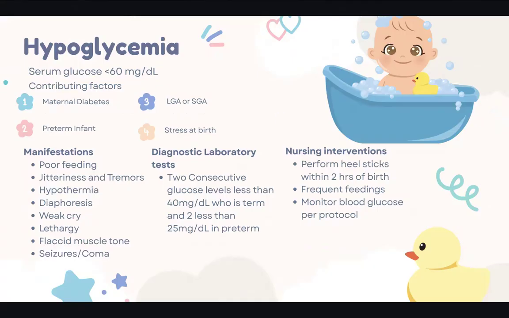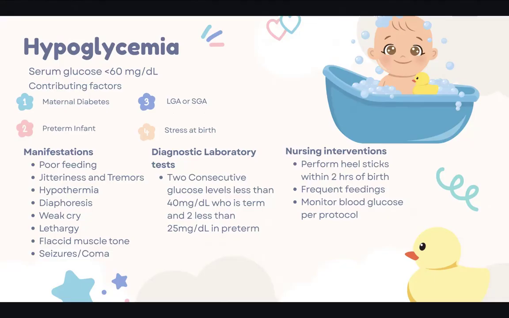Okay, hypoglycemia. So for our newborns, hypoglycemia is going to be a serum glucose of less than 60 milligrams per deciliter. There are lots of risk factors like maternal diabetes, if they're an SGA or LGA, if they've had any stress at birth, or if they were a preterm infant.